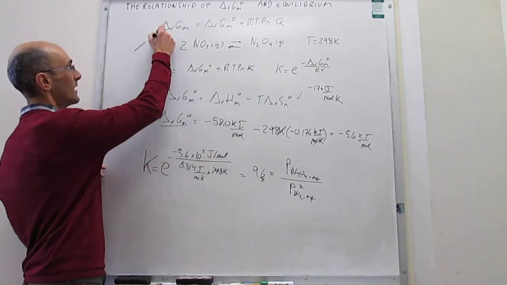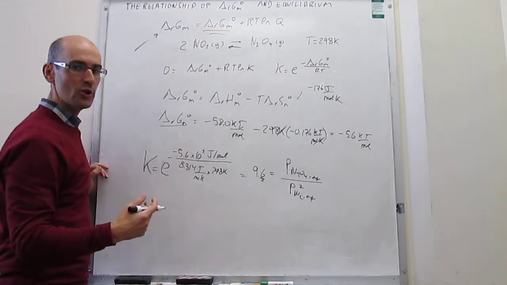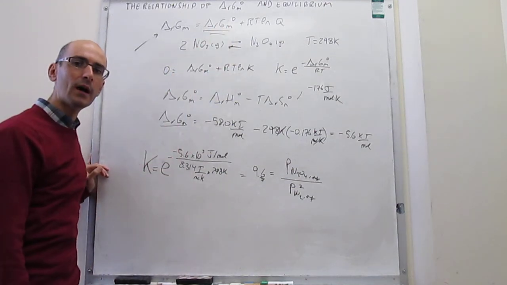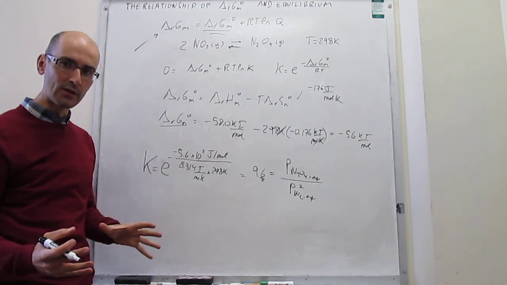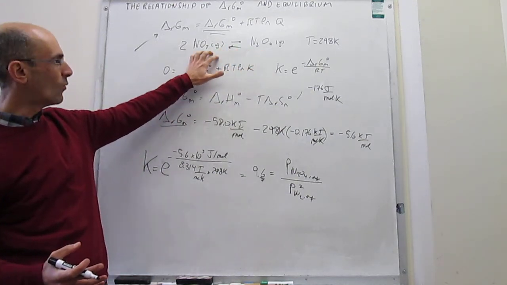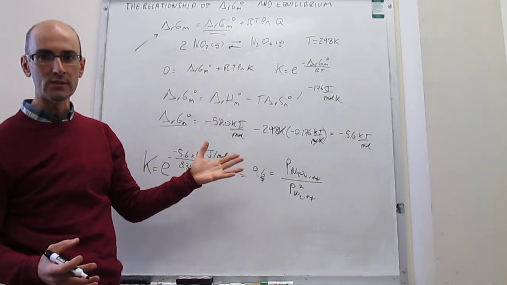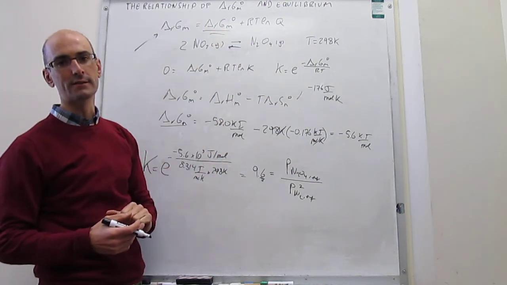Now, following this reaction here, now that we know what the equilibrium constant is and what this number is, notice that we can in principle compute whether the reaction will be spontaneous under any partial pressures that we wish, right? Suppose that you have now 100 atmospheres here and then 1 atmosphere here. Would that be spontaneous? Well, you would simply need to operate through here and calculate the sign of delta G, right?